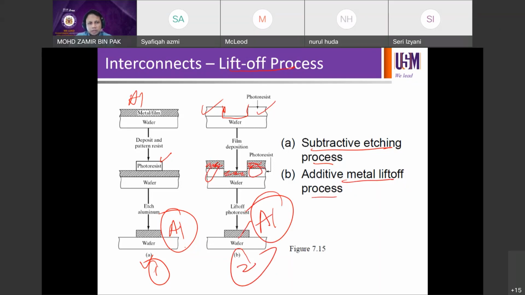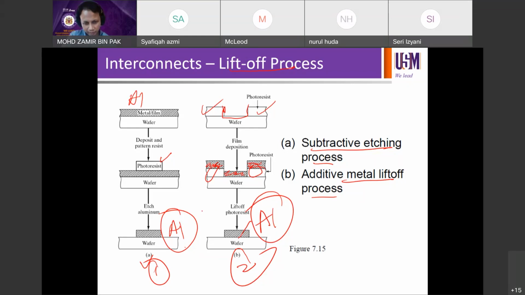So this is trying to show you that if you want to fabricate this patterned aluminum, you can either approach it from process 1, which is subtractive etching process, where you do blanket metal, then define the resist and etch. Or you can do the metal lift off process, where you define the resist first, deposit the metal and lift off the resist.